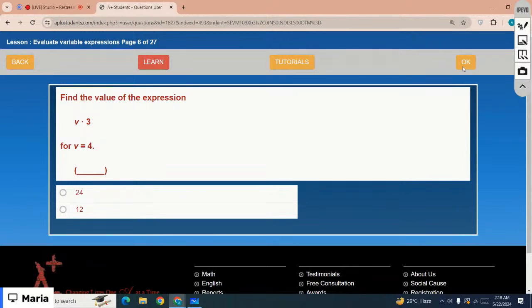Find the value of the expression v times 3 for v equals 4. So which is the correct option?